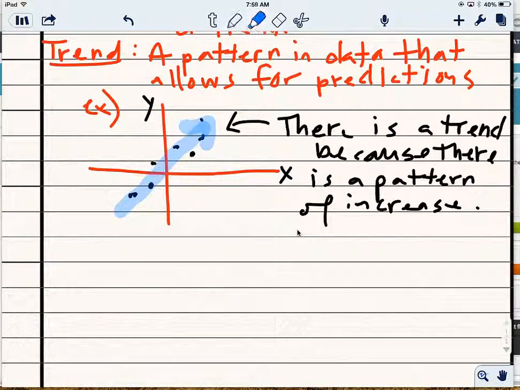That's going to lead us to the third term here. I'm going to put line of best fit.